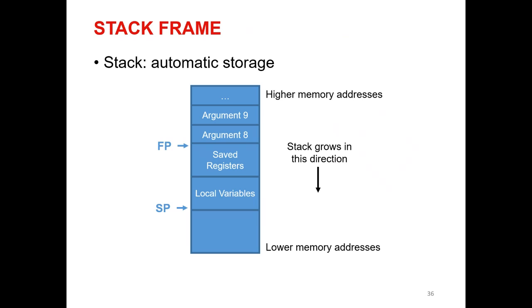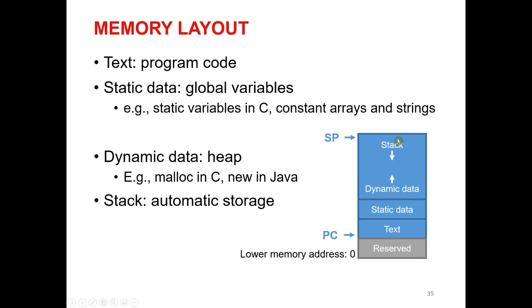Someone is asking why the frame pointer moved down. As I have mentioned, for the frame pointer as well as the stack pointer, we are using addresses from high to low, because we are using the space from the top to the bottom.